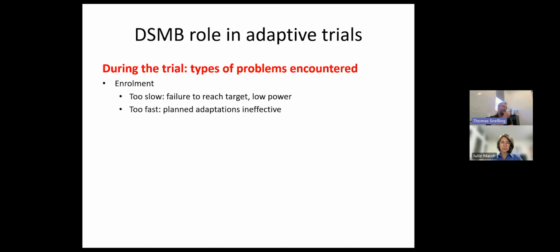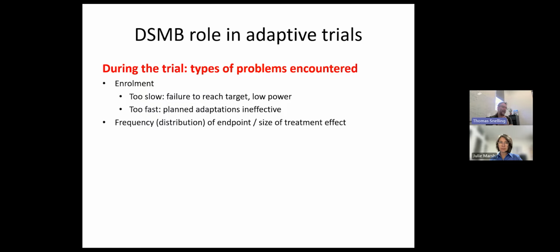Sometimes it can mean that the planned adaptations in the trial are no longer effective because actually most of the participants have been already enrolled before you've had an opportunity to apply planned adaptations. So you need to think about what the consequences of fast enrolment might have for a particular trial.